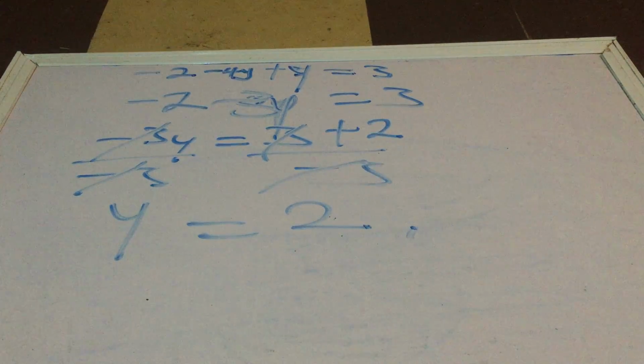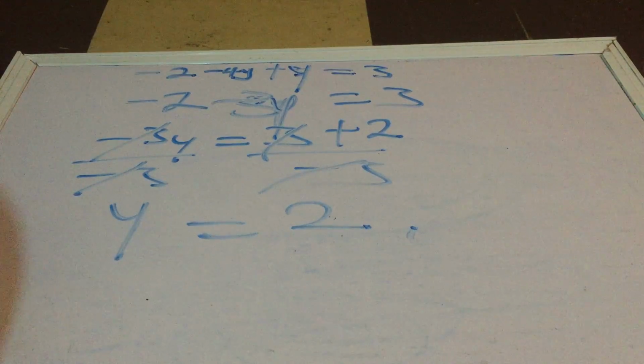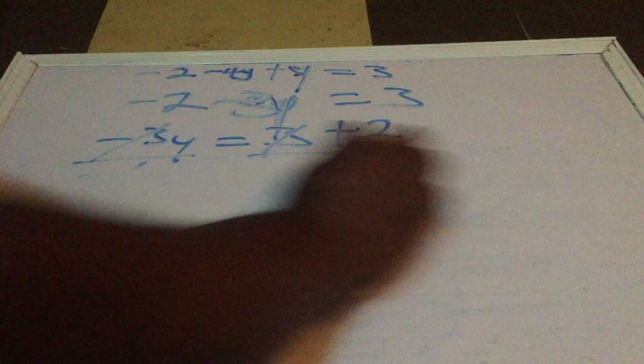Having gotten y, it's easier for us to get x. We put it in equation 2, we say x plus y is equal to 0.